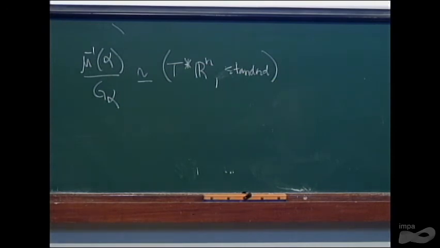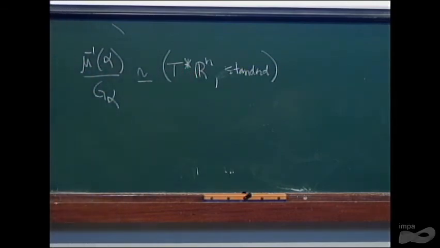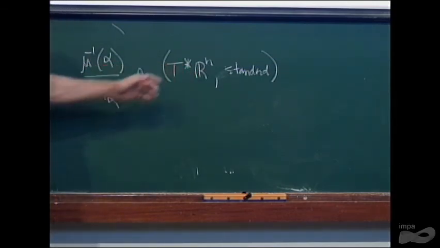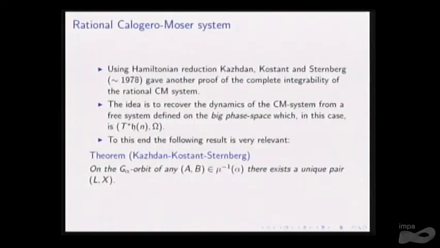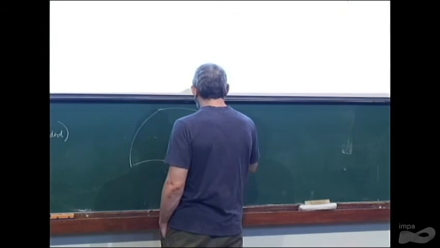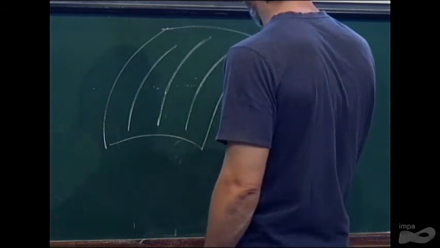Now, how to prove at least that you get a quotient that is R2n? Well, the idea is a posteriori very simple. What they show, so here we have the momentum map to the minus 1 of alpha, and then here we have the G alpha orbits.